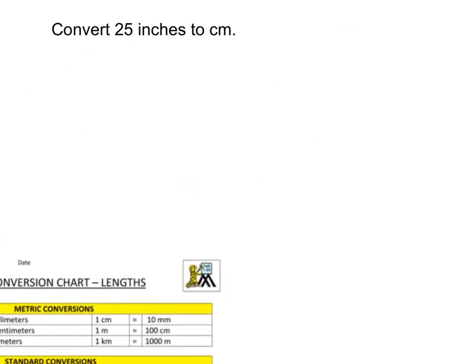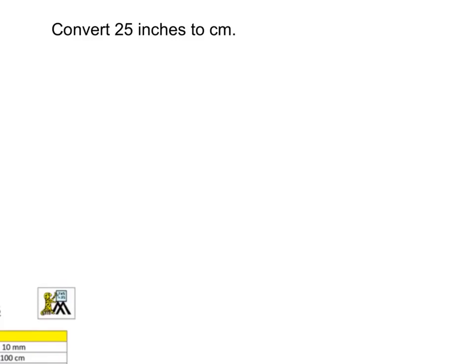Okay, I'm going to get rid of this again. So the way that I'm going to use this is I'm starting with 25 inches. So I'm going to write that out. And what I want to do is multiply by a fraction that expresses that ratio of inches to centimeters.